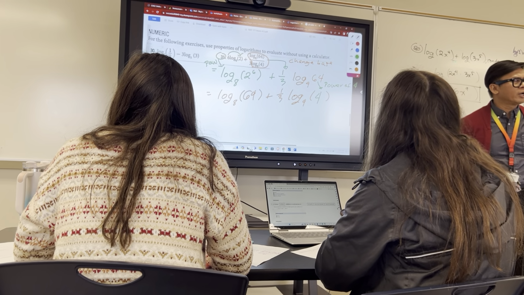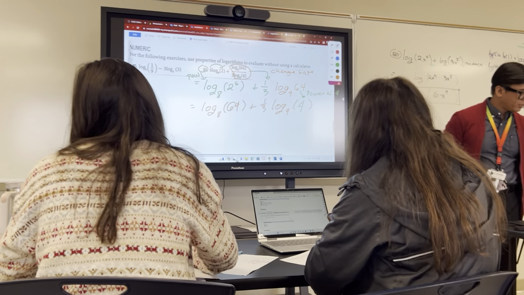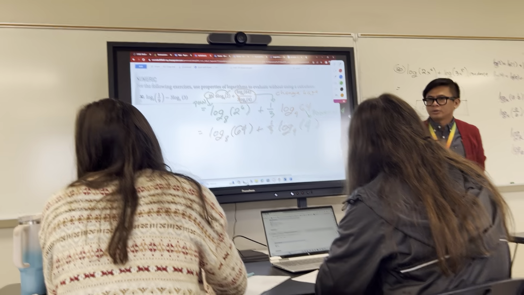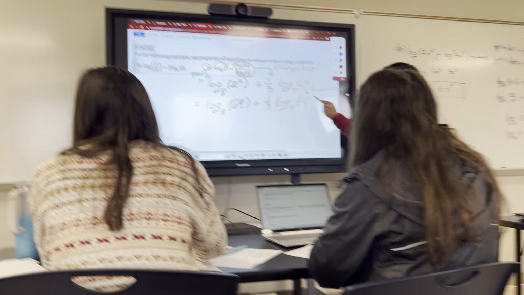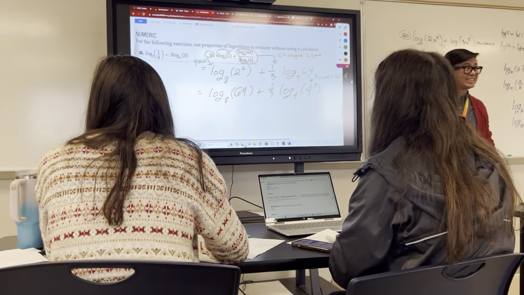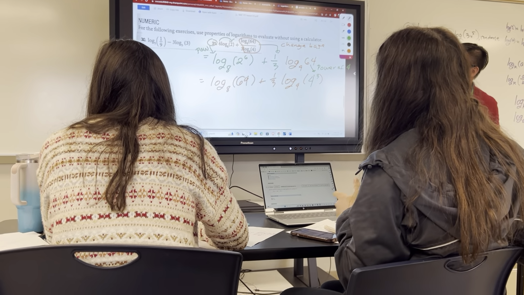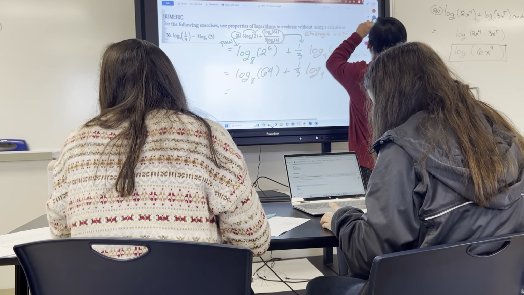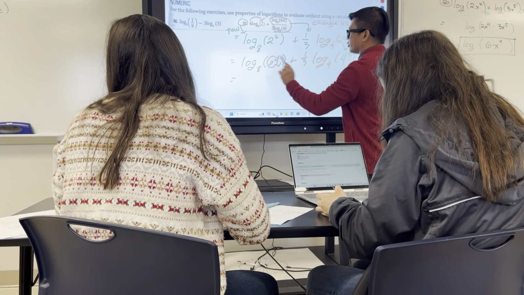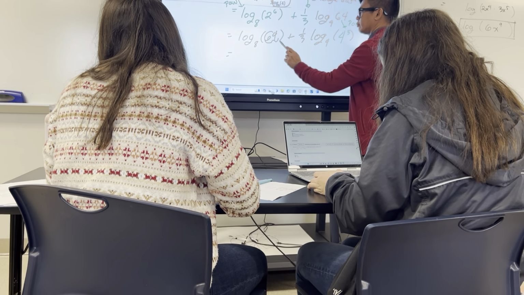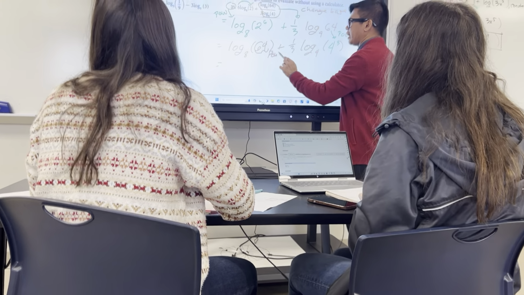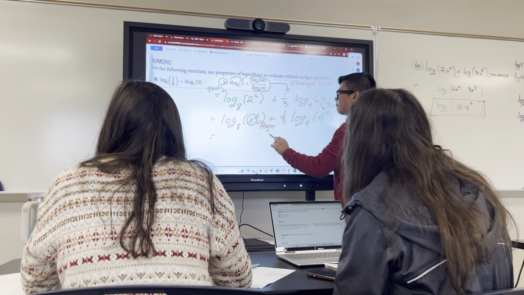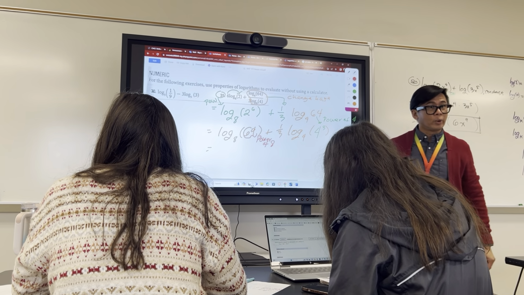Is it 4 squared, 4 cubed, 4 to the 4th? What do you think? 4 cubed. Very good. Yes, guys. Okay. What about 8? Can you write 64 as a power of 8? 8 squared. Very good, right?